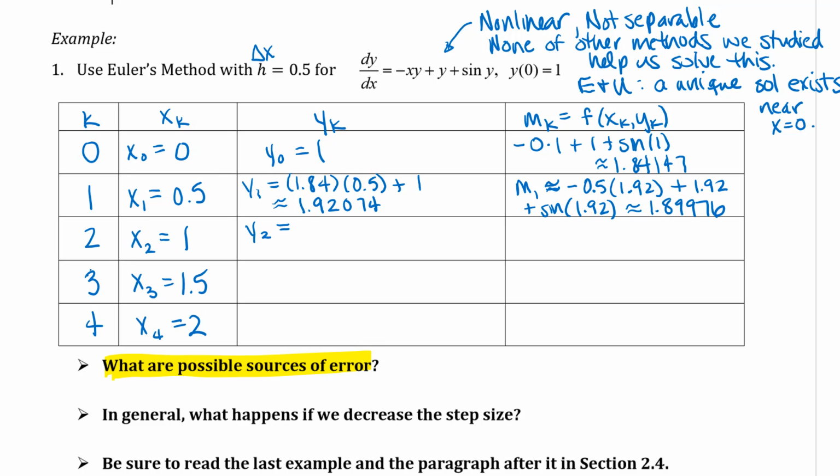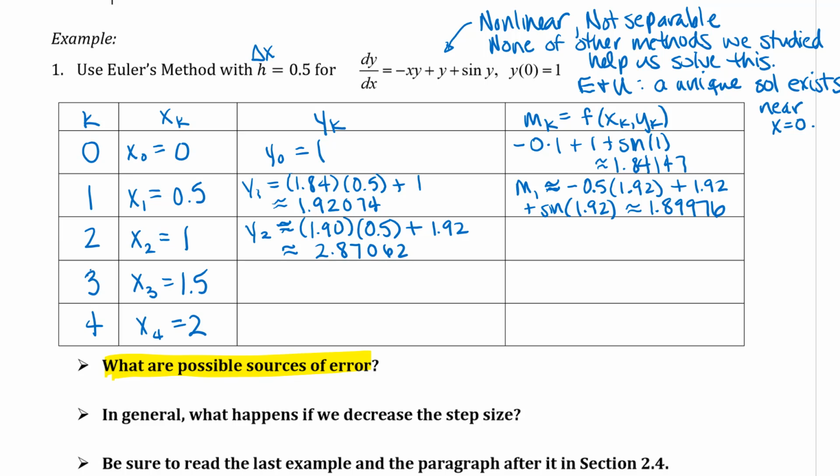So we're going to use the prior slope, so approximately 1.90 times the delta x plus the prior y coordinate, approximately 1.92, and that's approximated. And with more decimal places of accuracy here, I get 2.87062. Okay, so we're just going to keep reiterating that process.